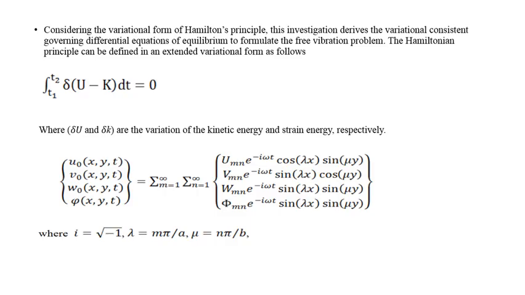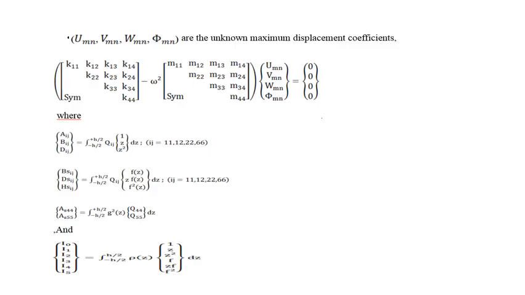Finally, we introduce the constitutive relation that defines the relationship between stress and strain using the elastic stiffness. This formulation provides a strong theoretical foundation for predicting the vibration of composite nanostructures.